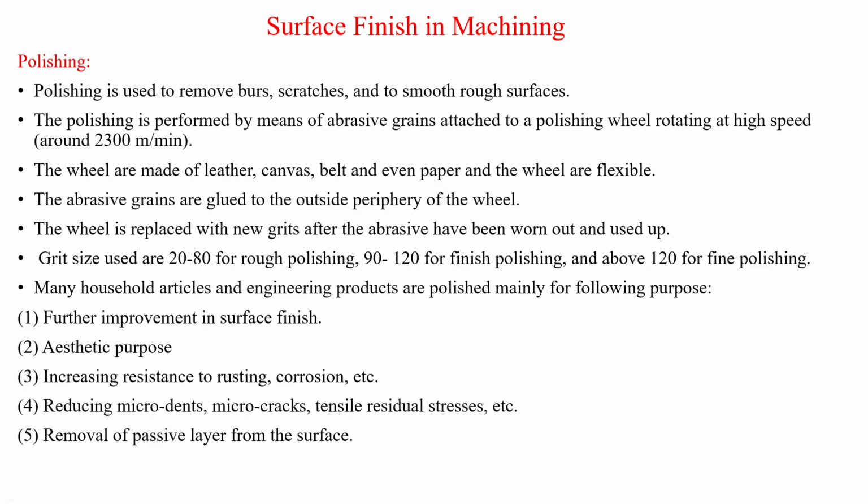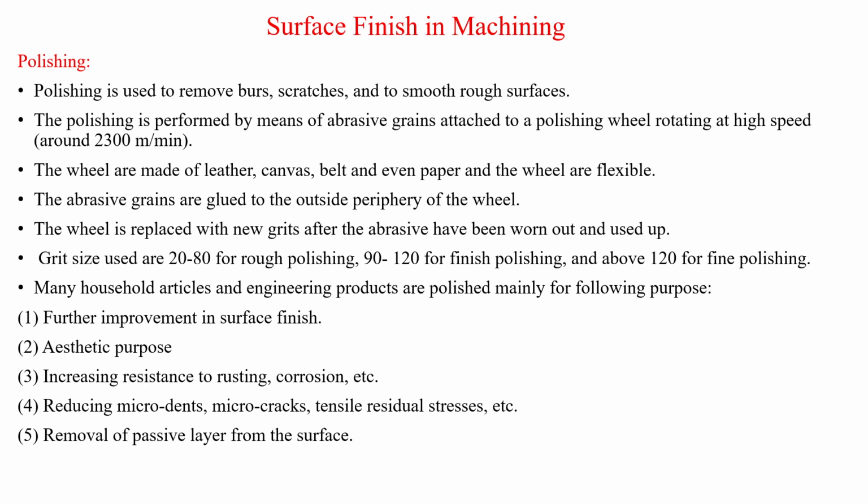Now we'll see what is polishing. These are the finishing processes which we use to remove irregularities or roughness. But polishing is what you might have done in an experiment in your BTech time.